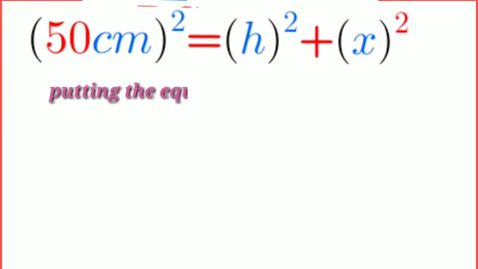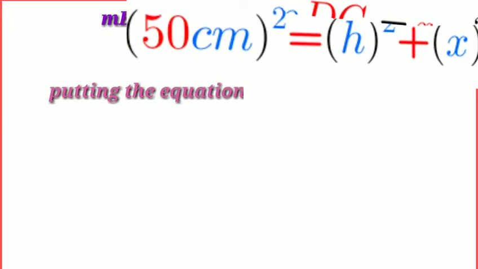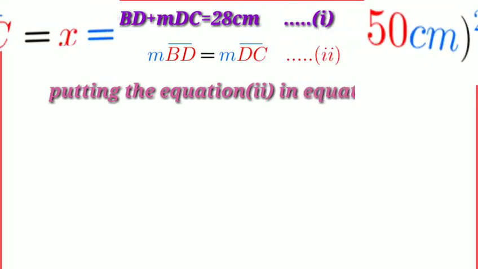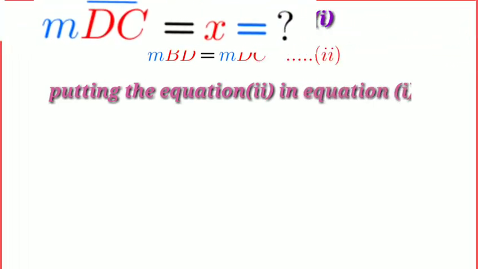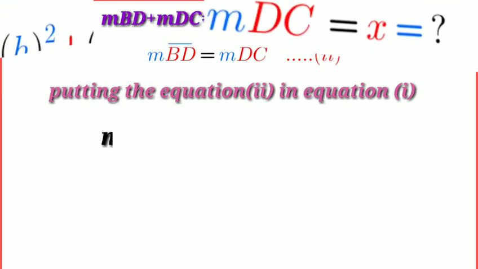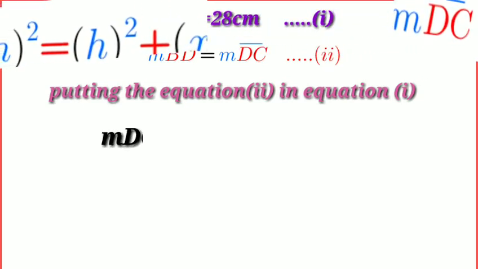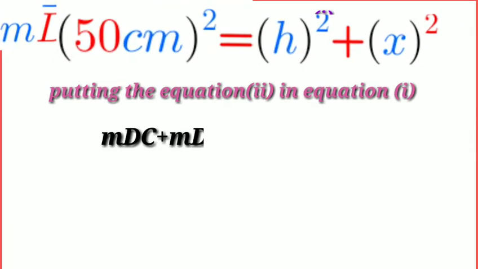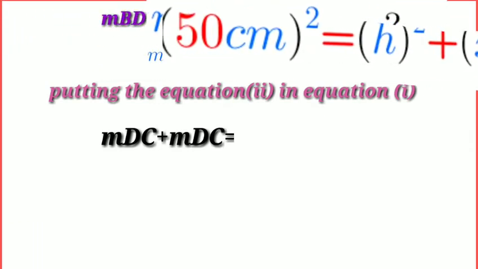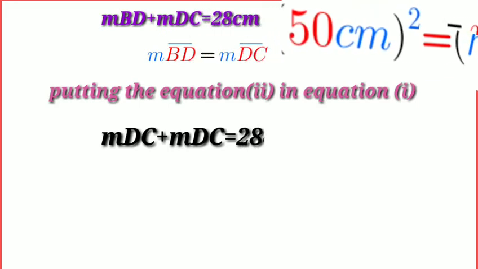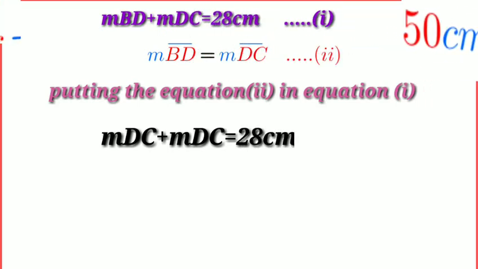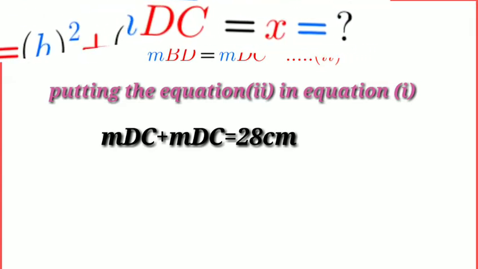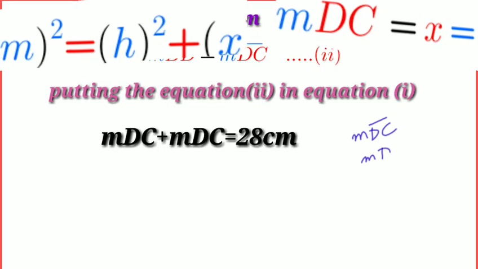On putting equation 2 in equation 1, equation 1 becomes side DC plus side DC is equal to 28 centimeters. The sum of these two sides is 2 DC.